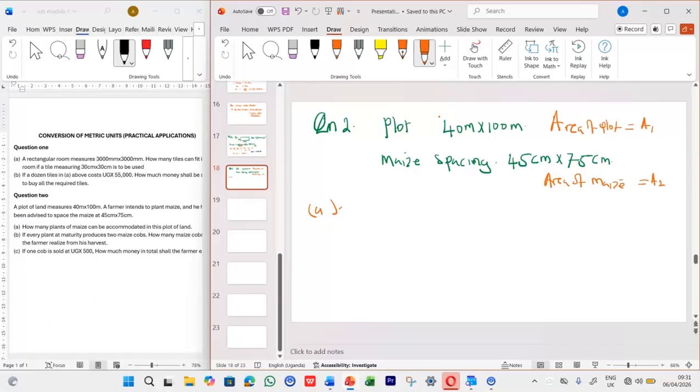So part A, the number of plants will give us A1 over A2.